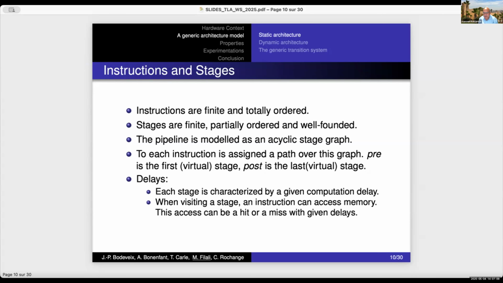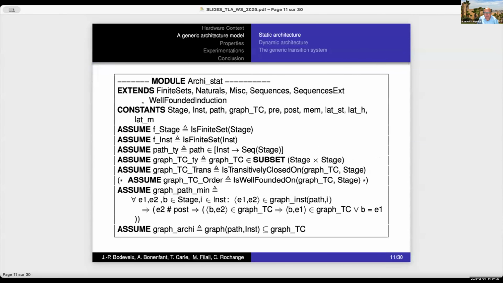And when an instruction visits some stages, for instance the fetch stage or the memory stage, the instruction can make a memory access, and this access can be a hit or a miss, and each of these events is characterized by its respective delay. We have modeled this static architecture in TLA+.